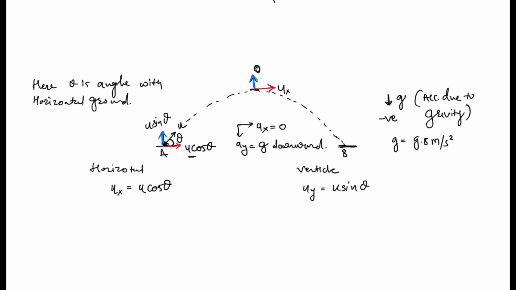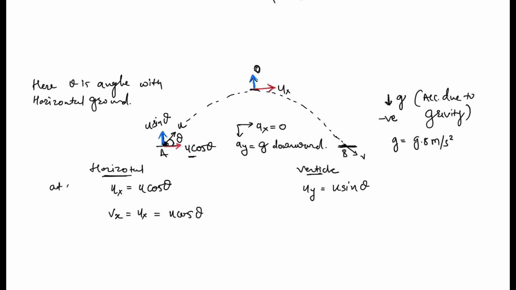There will be two velocities. Now there is no acceleration present in horizontal direction, so the final velocity, if we write here, vx will be the same as ux, and it will be u cos theta at B point.